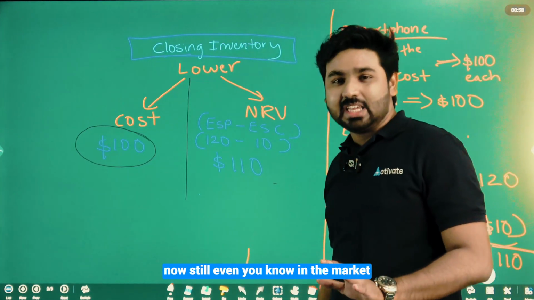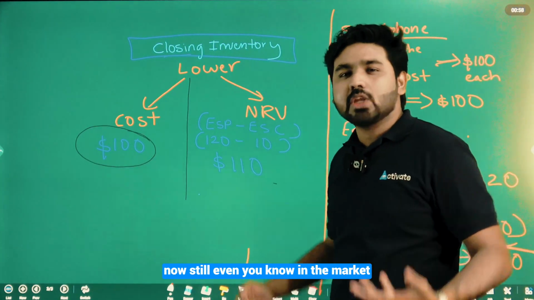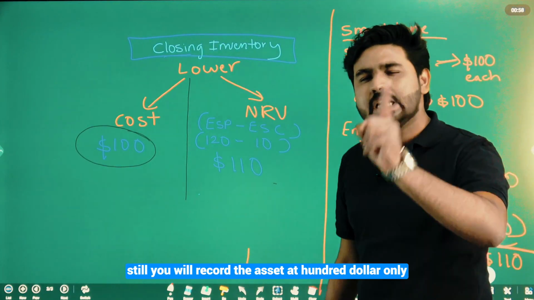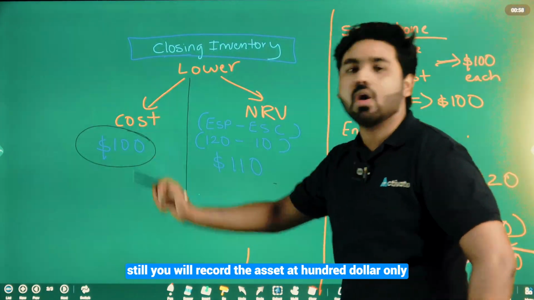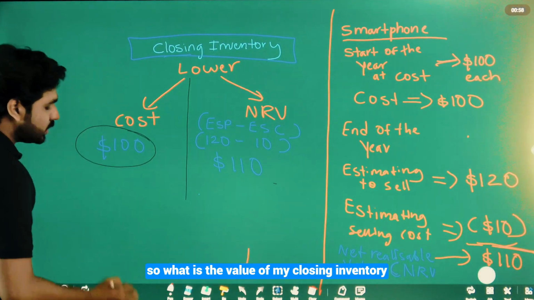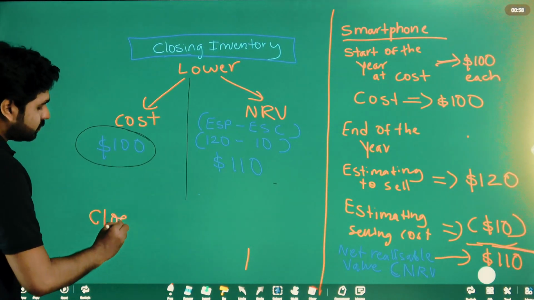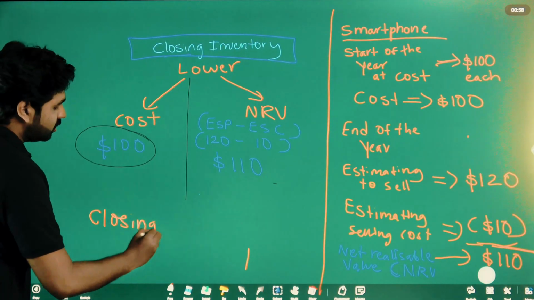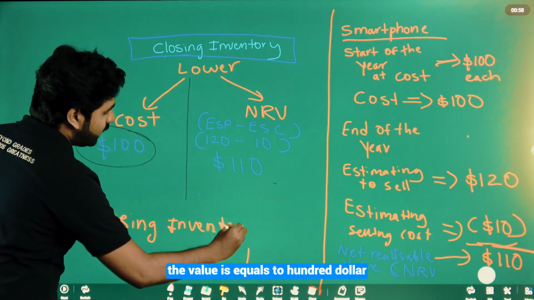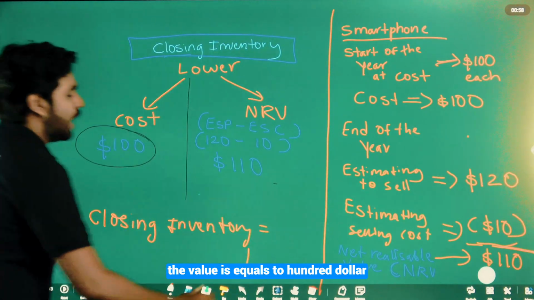Even though in the market you can sell your smartphone and get a cash of $110, you will record the asset at $100 only. So what is the value of my closing inventory? The value is equal to $100.